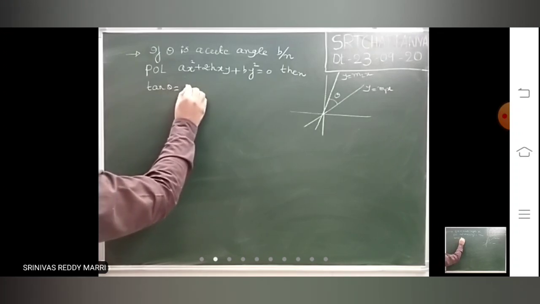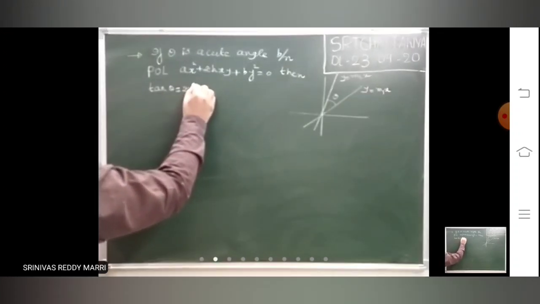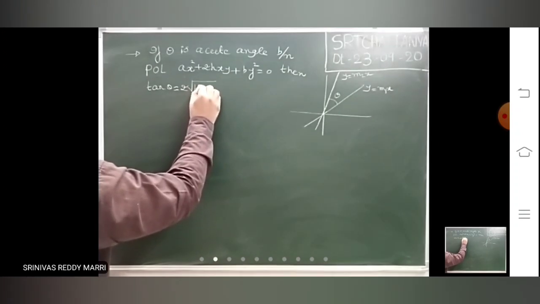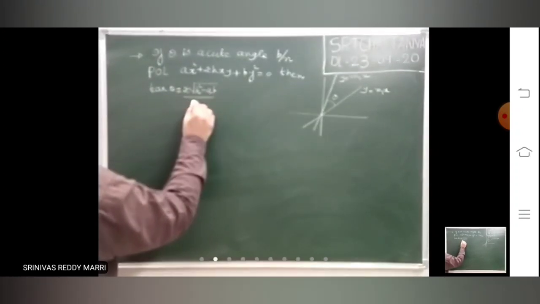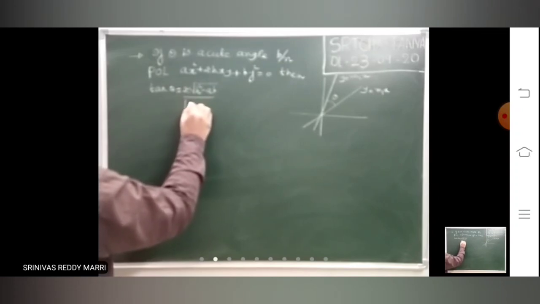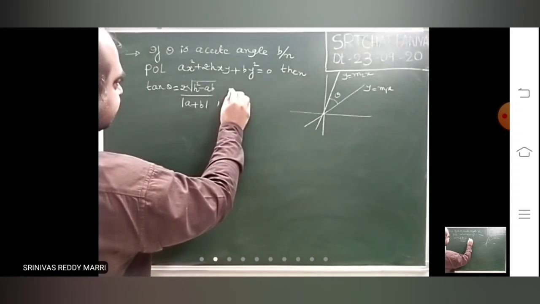Tan theta is 2 root of h square minus ab divided by modulus a plus b. This is the tan theta formula.